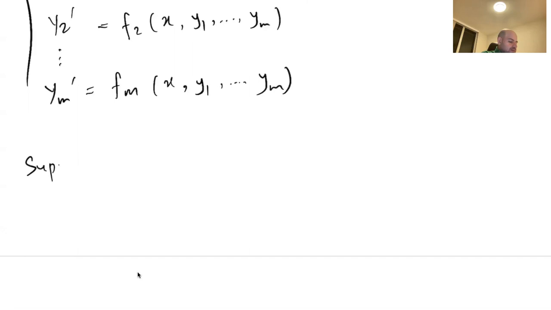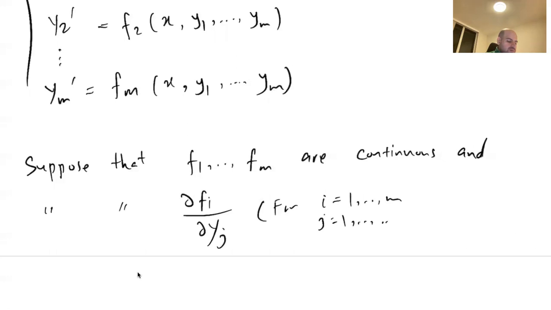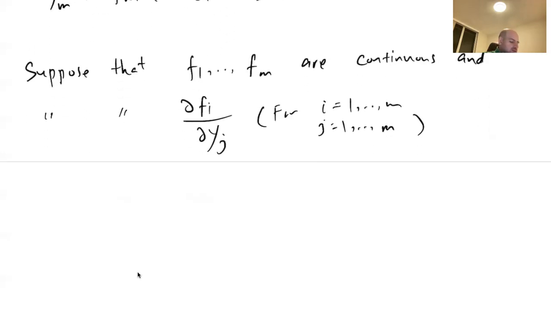So suppose that each of these functions, f1 to fm, are continuous and also suppose that the partial derivatives of these functions with respect to the y's, let's say dfi to dyj for i equals 1 to m and j equals 1 to m, exist, each of the partial derivatives exist and are continuous.